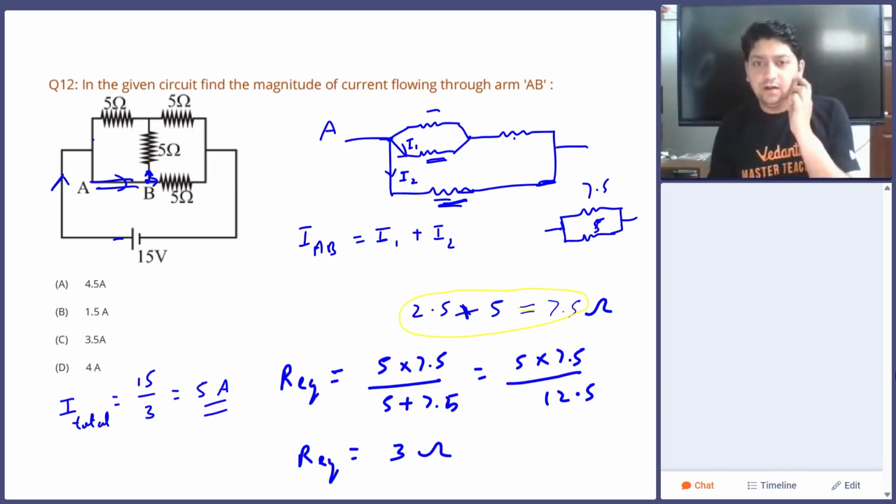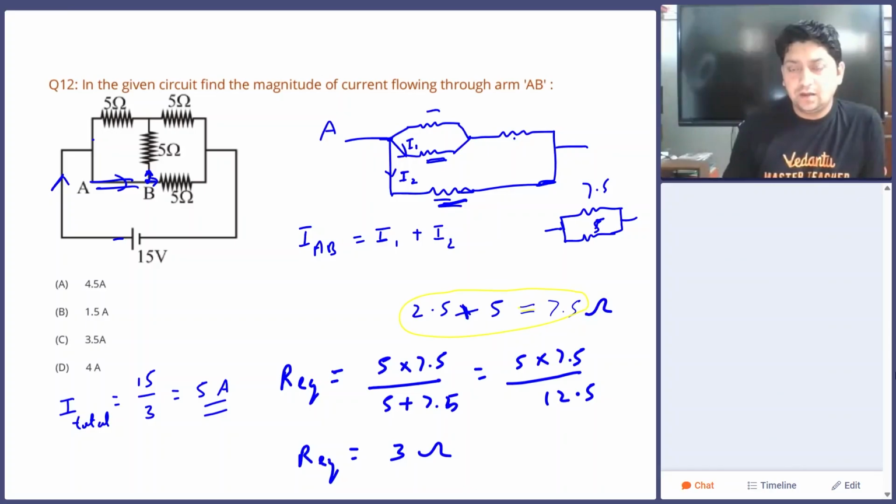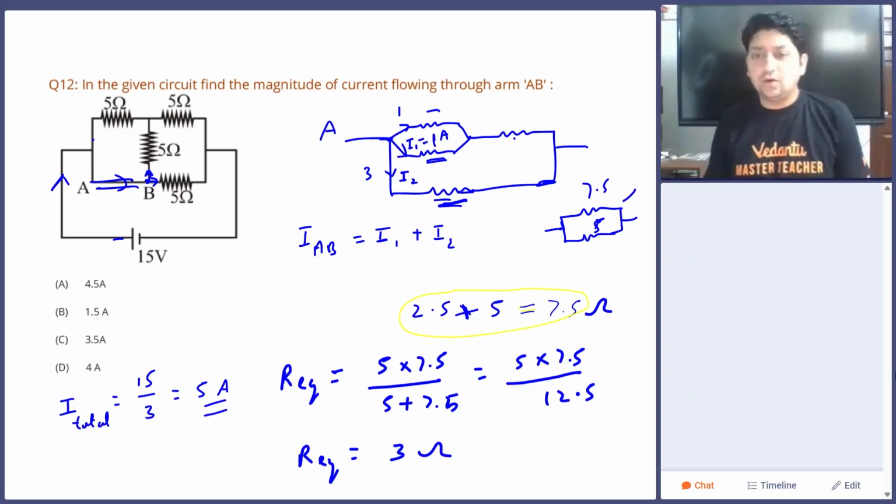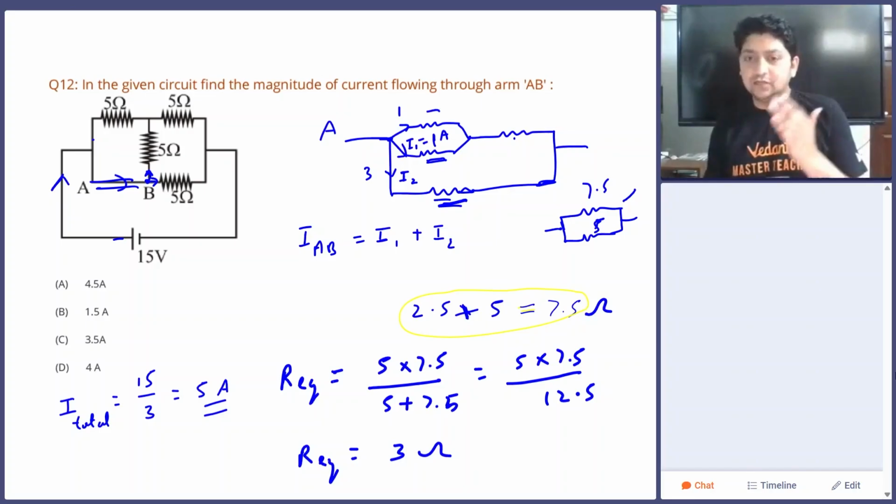So the current will be divided into 3 and 2 portions. So 3 portions will be going from here, and as these two are equal, 1 ampere will be passing from here and 1 ampere will be passing from this resistance. So the overall ratio of the resistance is 3 is to 2, right?